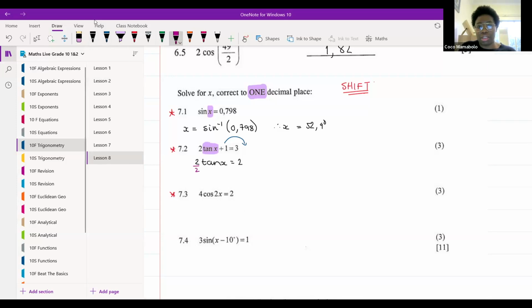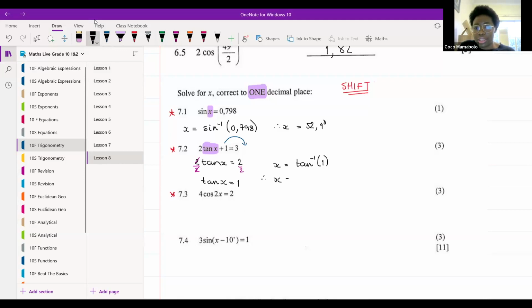So I'm going to divide by 2 on each side. Now I've got tan x is equal to 2 divided by 2, which gives me 1. Now I know I want x, and x is the angle, so I'm going to go x is equal to shift tan, or arctan, of 1.